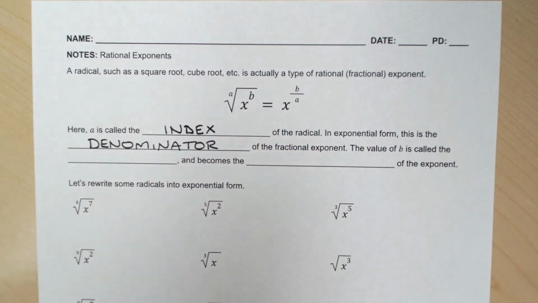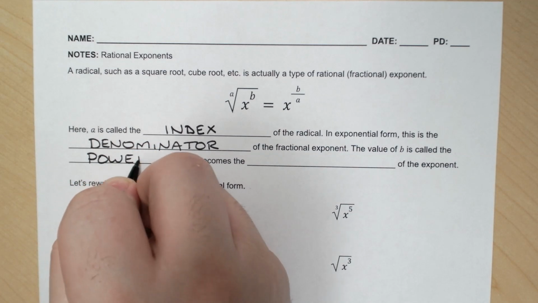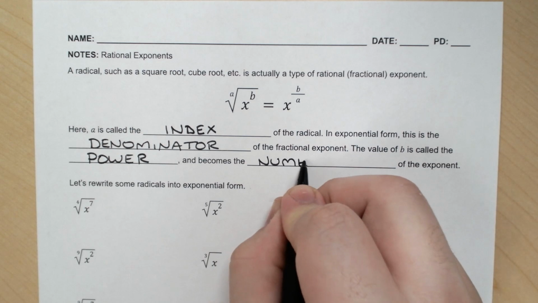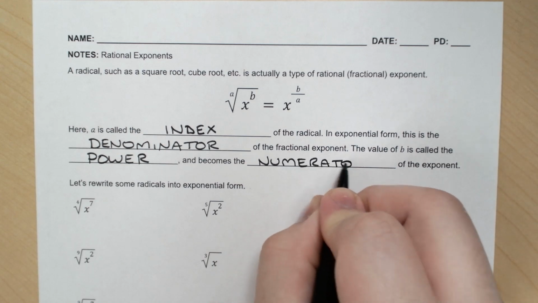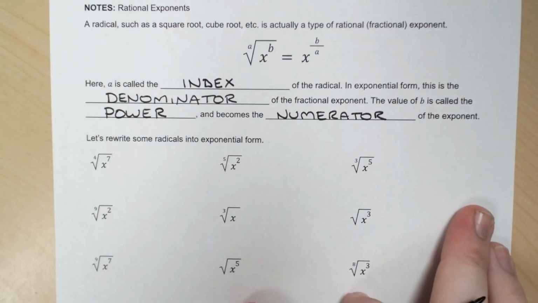The value of b really doesn't have a special name, but it's just called the power. And it will become the numerator. So let's practice rewriting some of these.